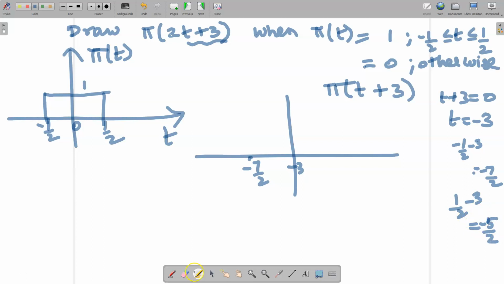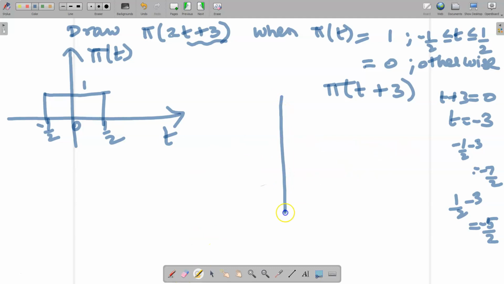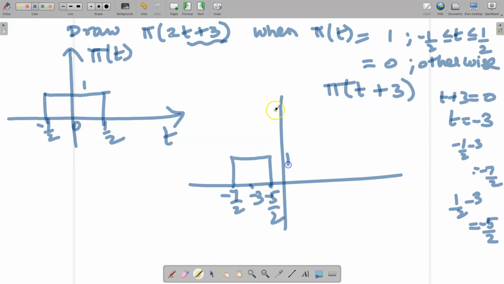So, instead of drawing like this, I can shift all the values. First one is minus 7 by 2, next is minus 3, next is minus 5 by 2. So, I will have the amplitude just shifted like this. So, this is pi of t plus 3.